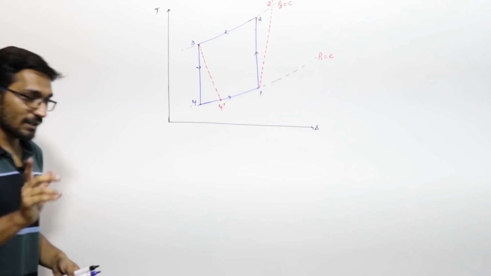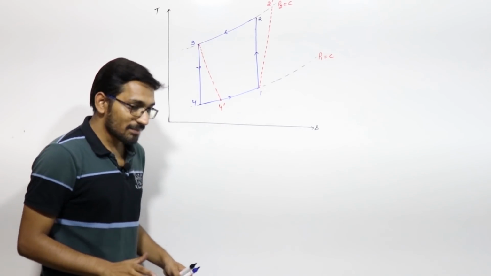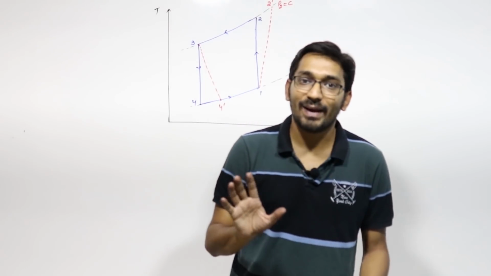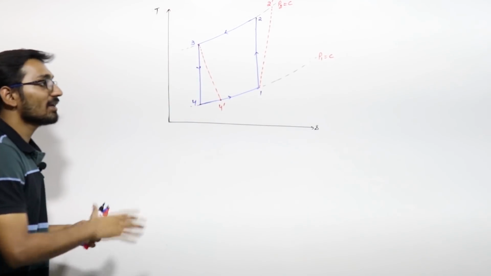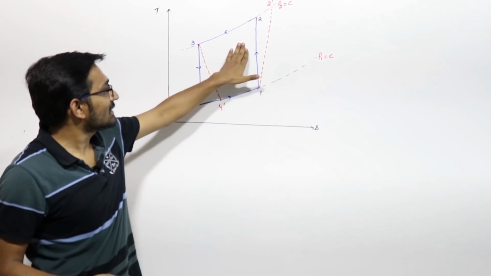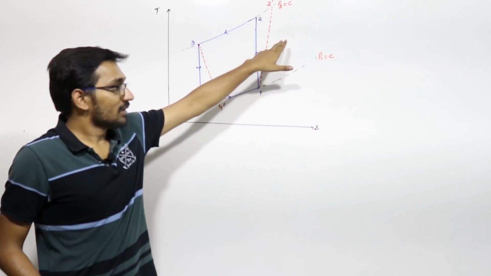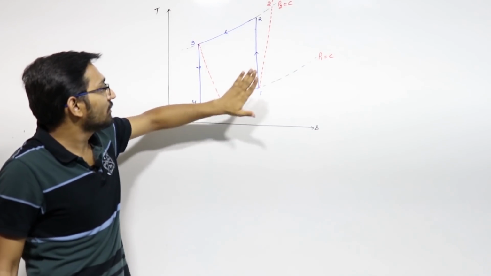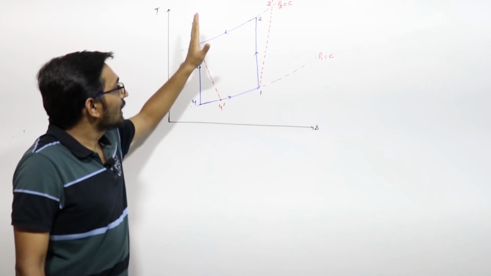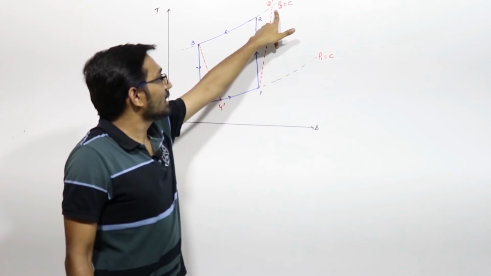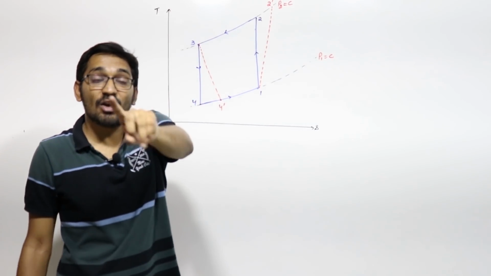Just make one thing clear. In the compressor, we are not compromising with the pressure ratio. We want the same pressure ratio as in the ideal case, in the actual case. If this pressure ratio is 5, we want the pressure ratio to be 5 only. So the pressure at point 2 and pressure at point 2 dash will be the same.